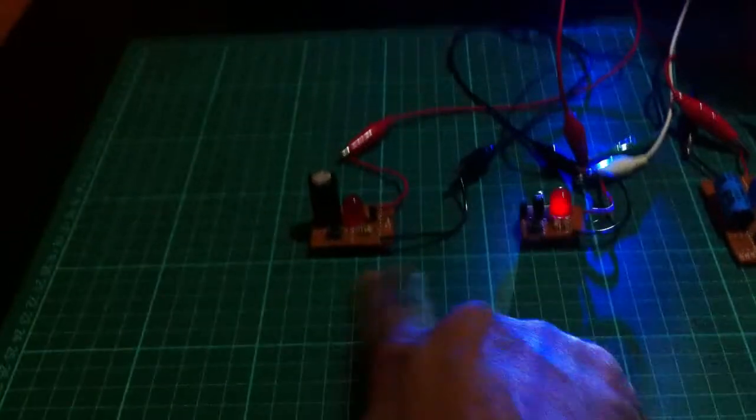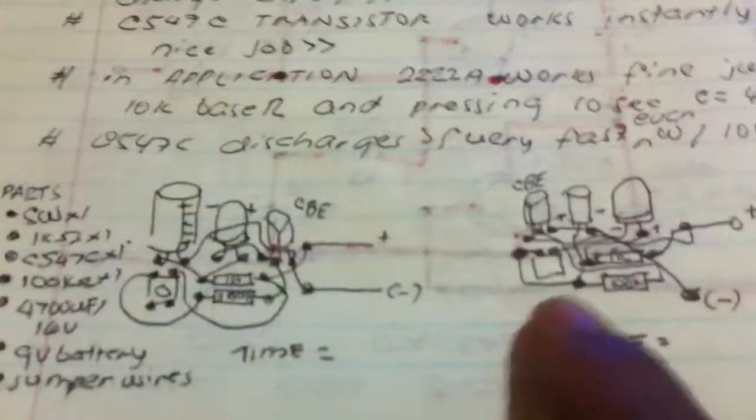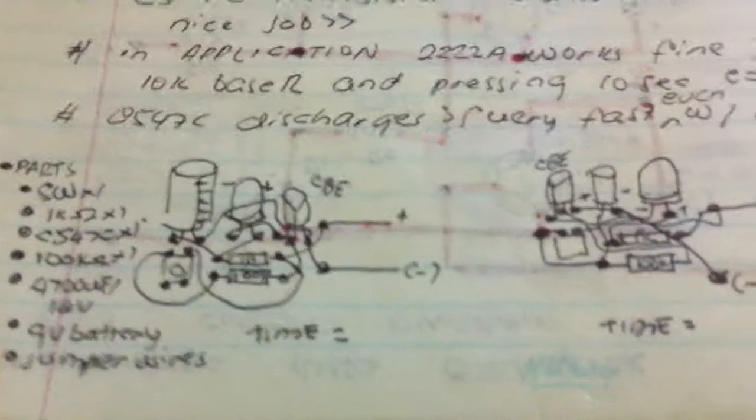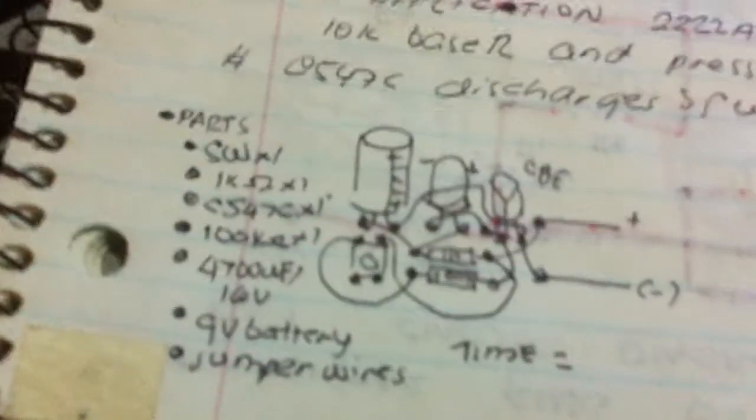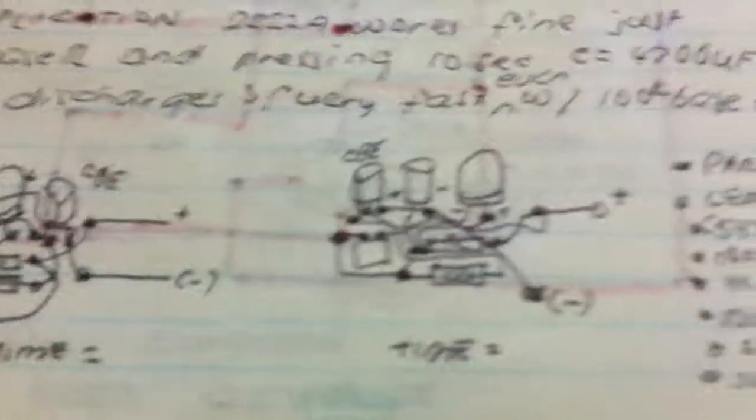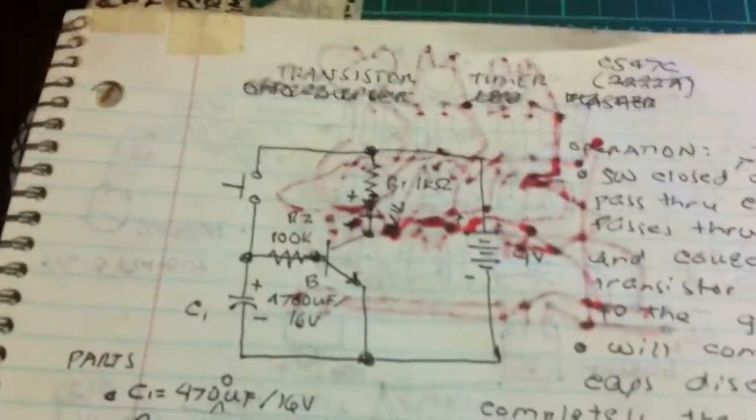So what's happening here? These two have the same layout here. It's very odd. That's my design using trial and error. And that is the layout here, some comments, and this is the circuit diagram.